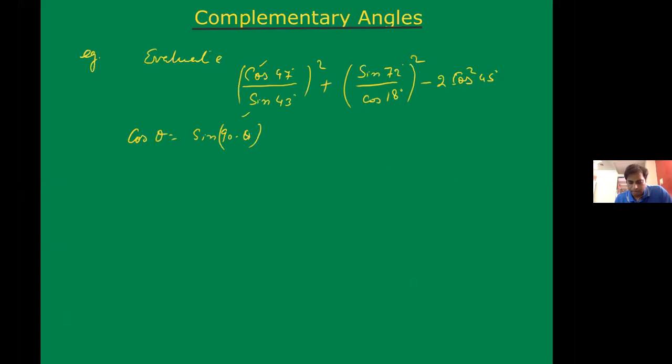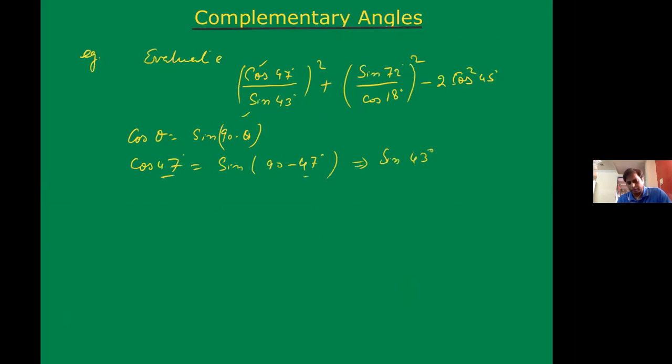So cos 47 equals sin(90 minus 47), putting theta as 47, so this is nothing but sin 43.